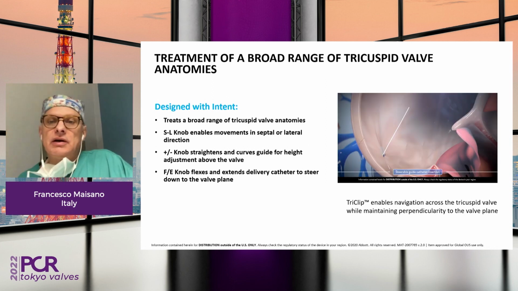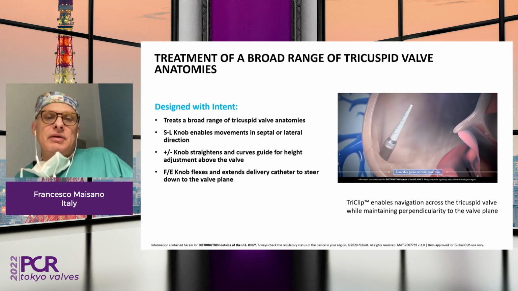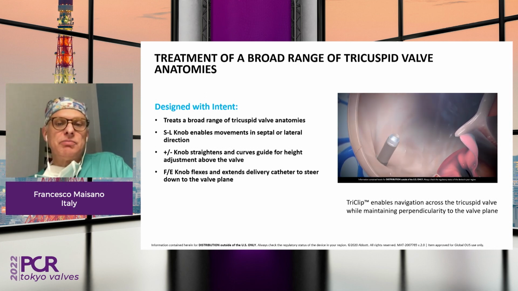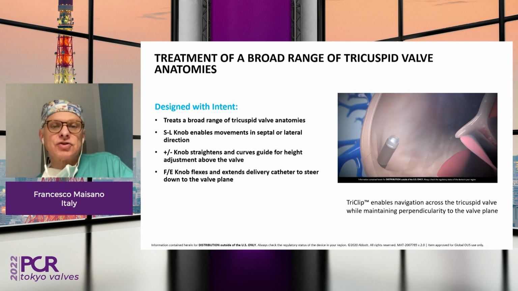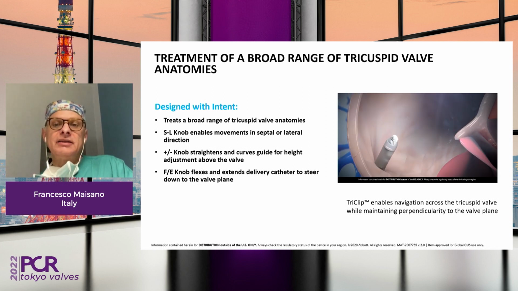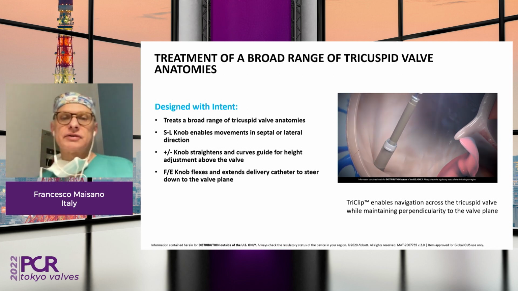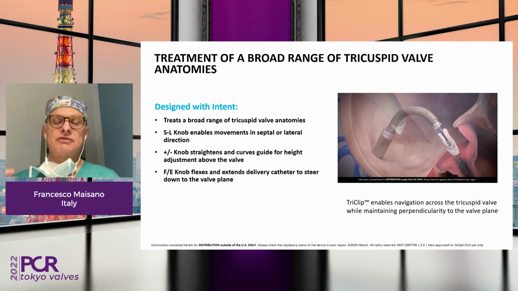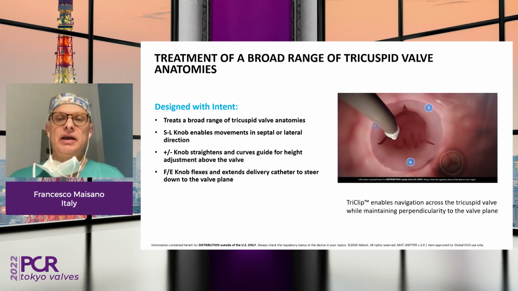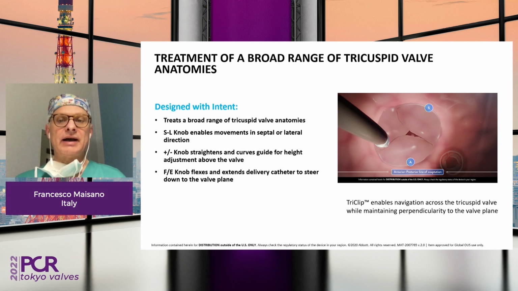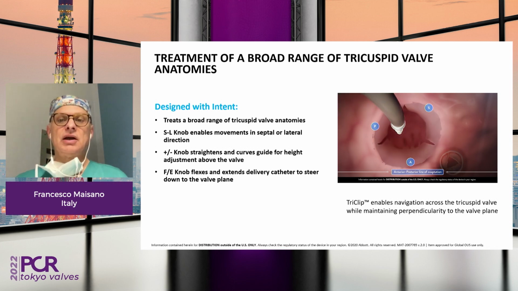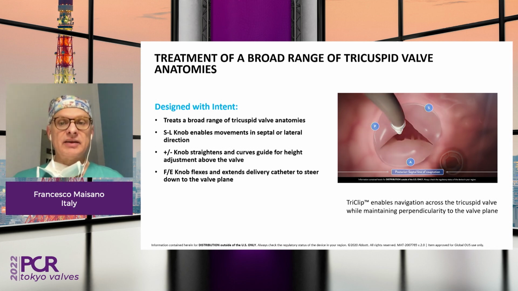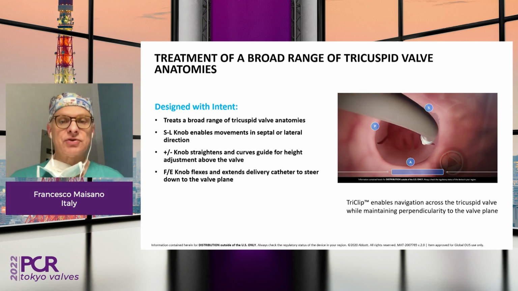Now, we have seen this already. I mean, this new technology is actually bringing a number of advantages. And I want to, again, reinforce the concept that the main advantage of the TriClip delivery system is the ability of being coaxial to the line of coaptation, coaxial to the long axis of the right ventricle, and precise into the line of coaptation.